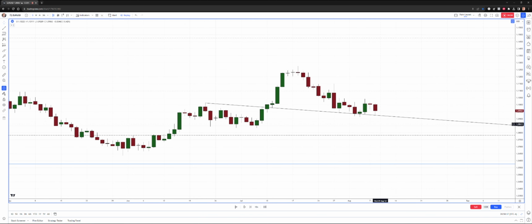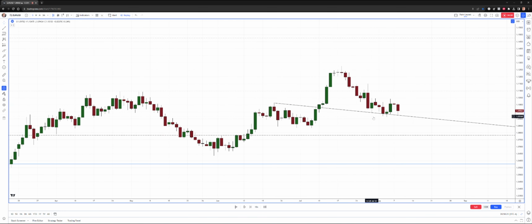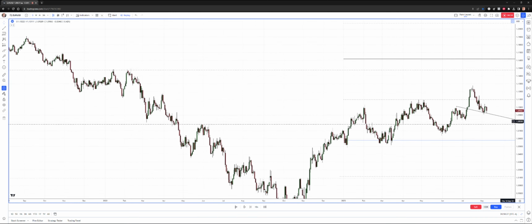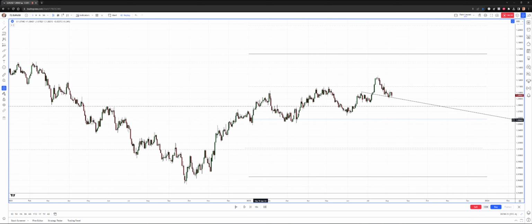Now, the reason I was looking for a long opportunity here is because not only do we have potential support on the trend line, but if we zoom out, you can see the market is slowly, little by little, trending to the upside. Even though you see a lot of fluctuations, you have this start over here, this big move to the upside, a pullback into that pivotal zone, a run all the way up to this median zone, and another pullback into this long-term median zone.